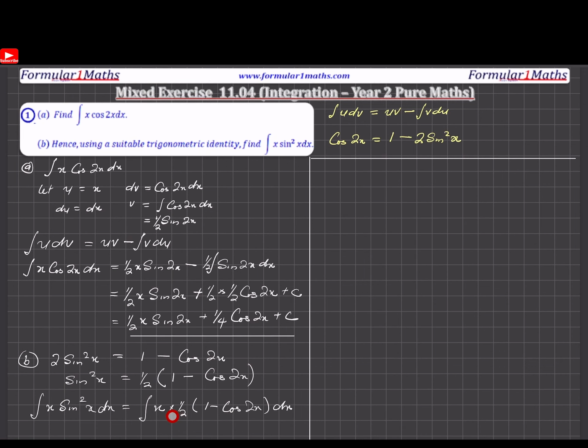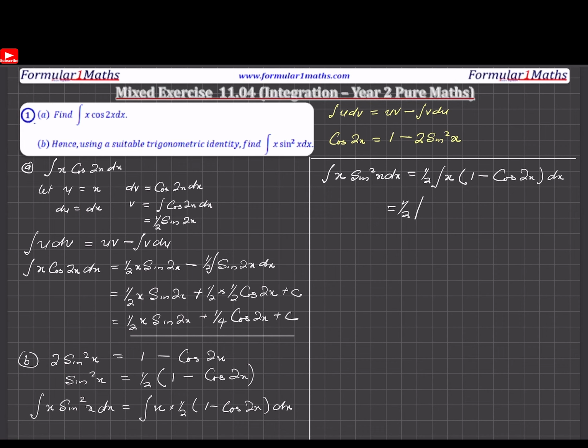dx. Now I'm going to simplify this side, and I'm going to get the integral of x sine squared x dx will be equal to half the integral of x times 1 minus cos 2x dx. Now I'll further simplify that to get the following.